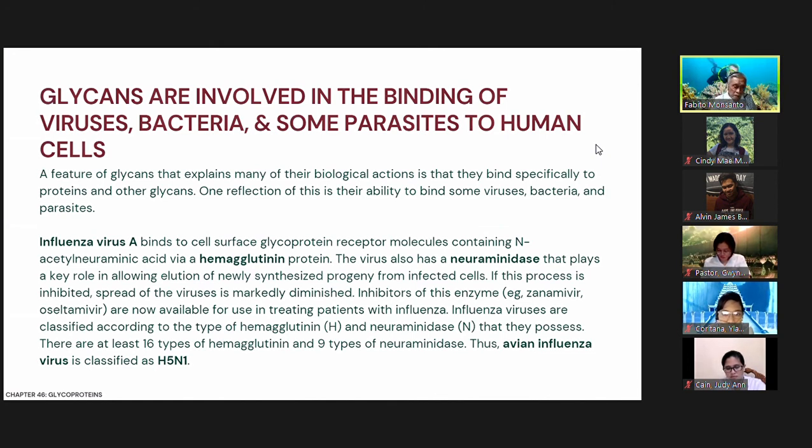If this process is inhibited, the spread of the virus is markedly diminished. Inhibitors of this enzyme are the viral drugs like zanamivir and oseltamivir. They are now available in treating patients with influenza.